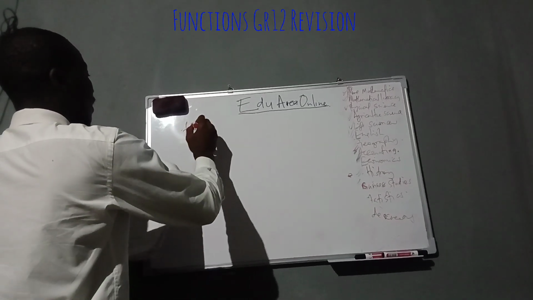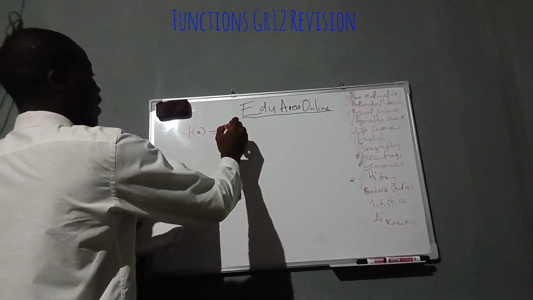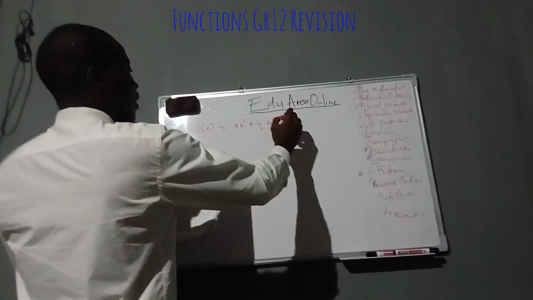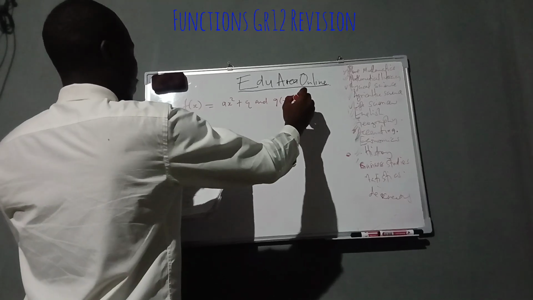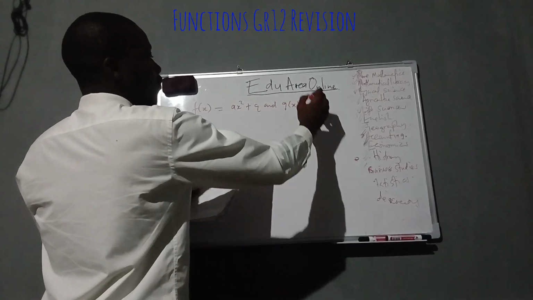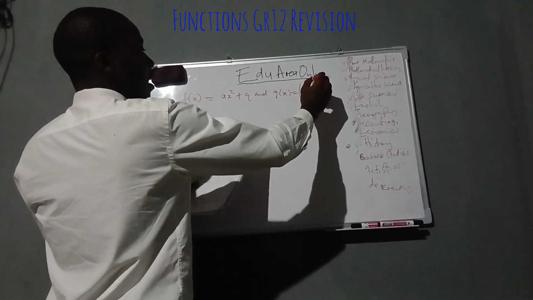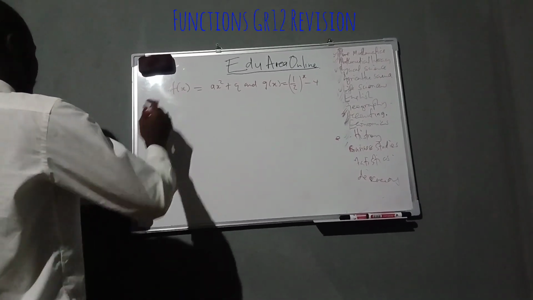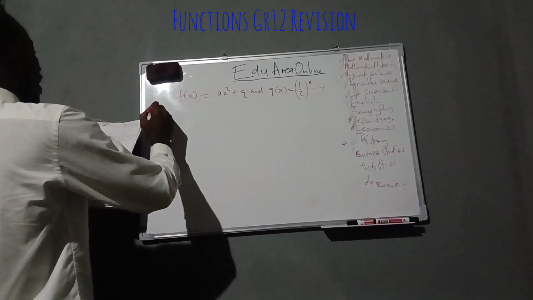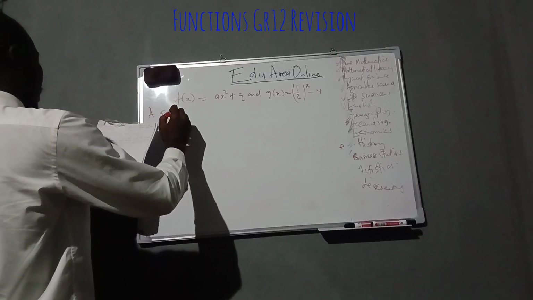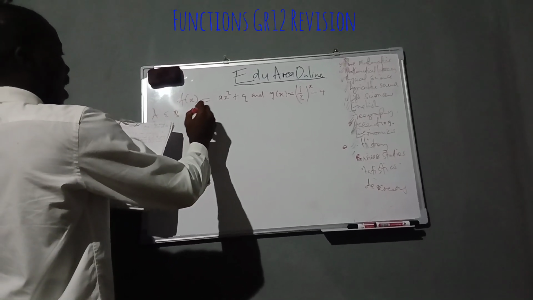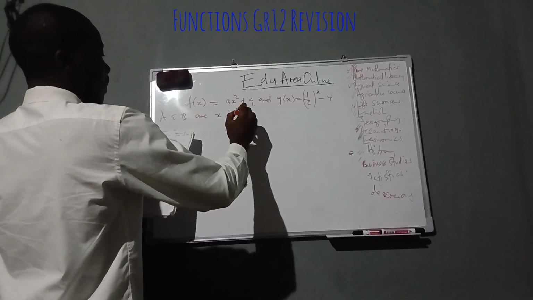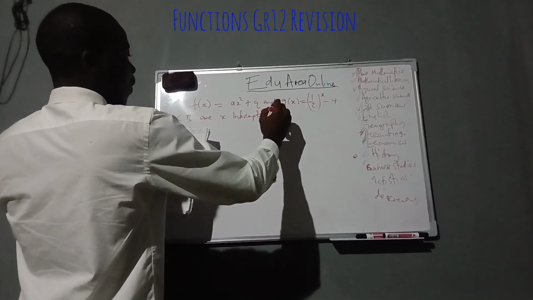f of x is equal to ax squared plus q, and g of x is equal to half to the power x minus 4, right? And the question also says A and B are x-intercepts of f.